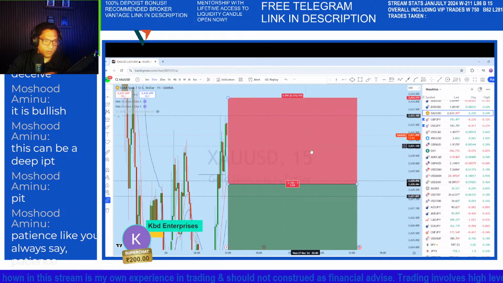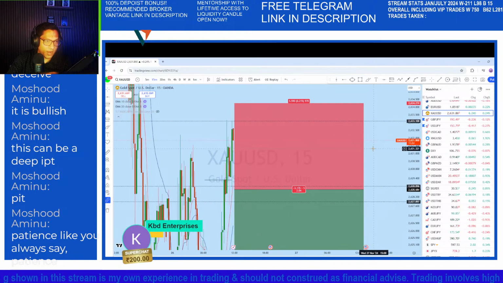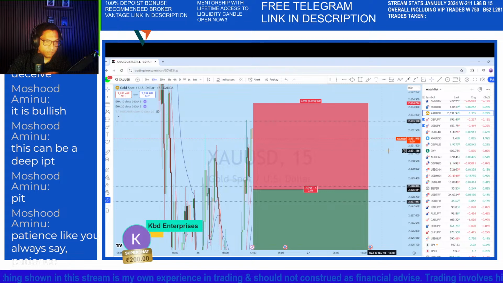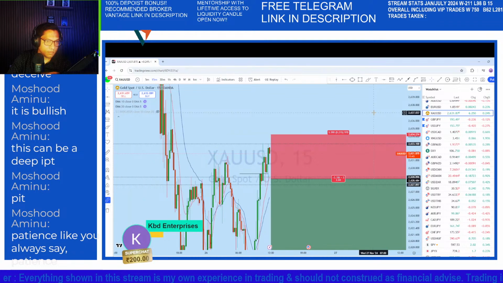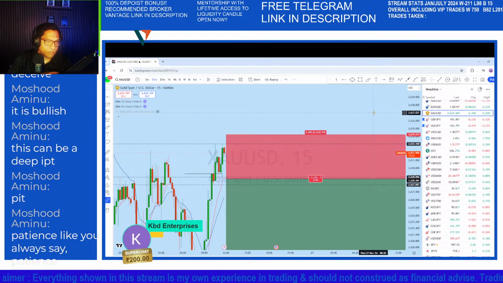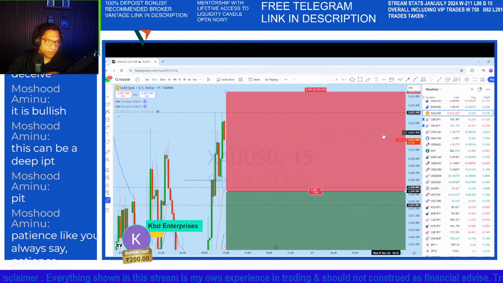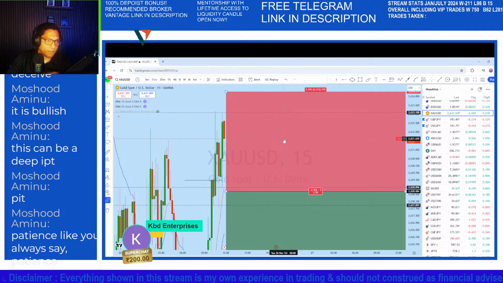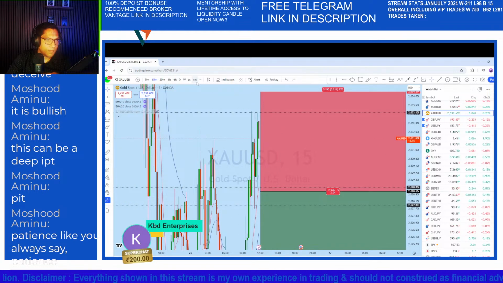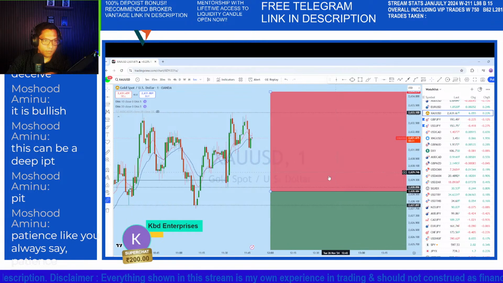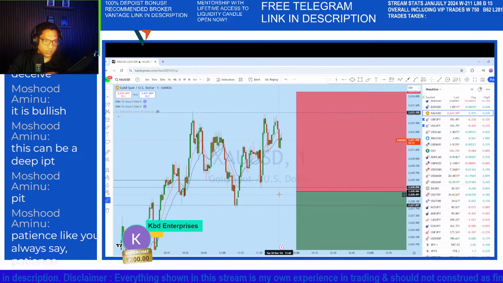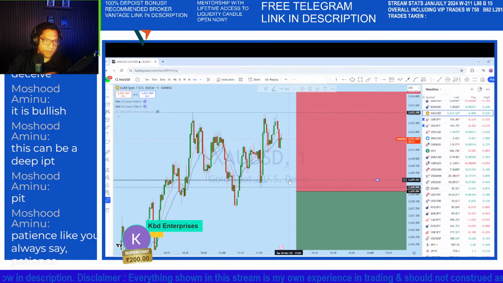if you look at the 15 minutes, there is a void here, which is a big imbalance in that area.